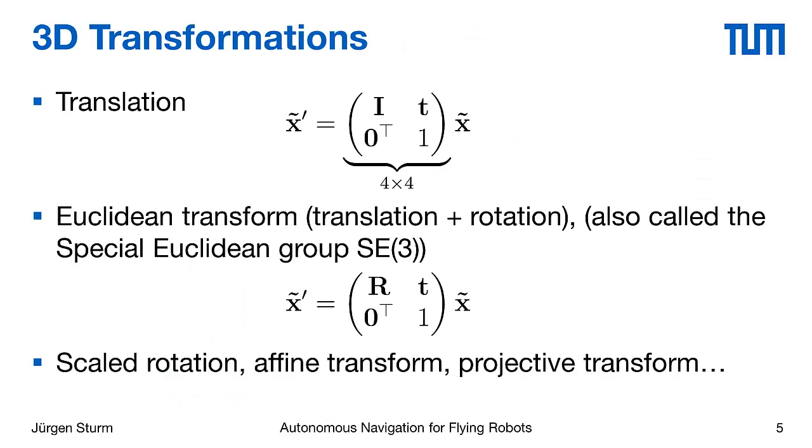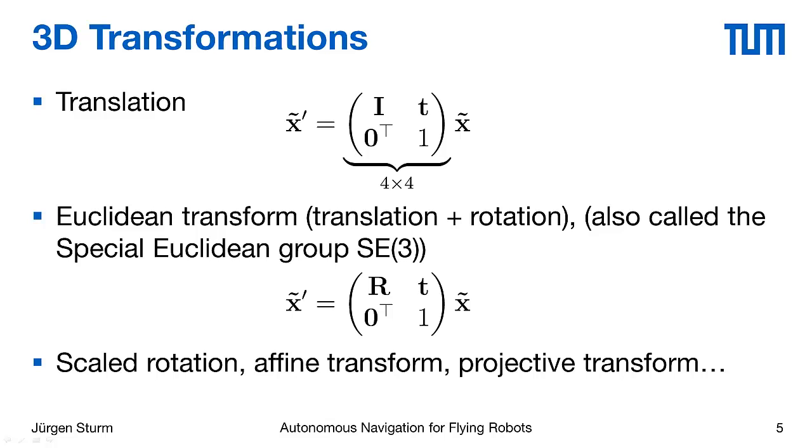And then we can also define 3D transformations again. A translation, as before, can be specified by a multiplication of a 4x4 matrix with a vector. For only a translation, you would have the identity in the upper left, and then the 3-dimensional translation vector in the upper right.